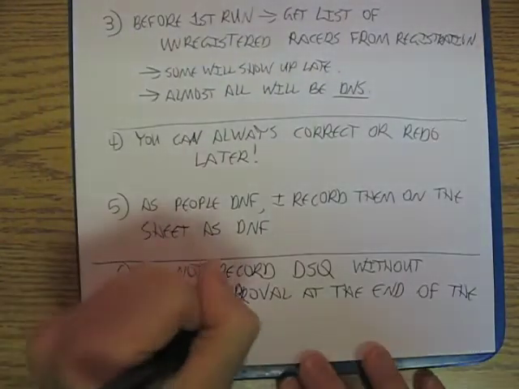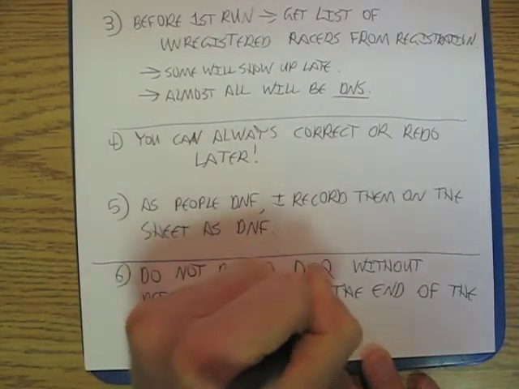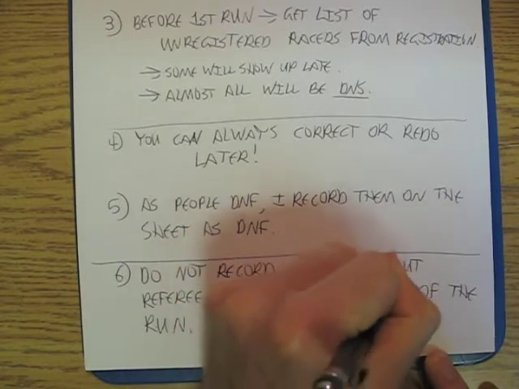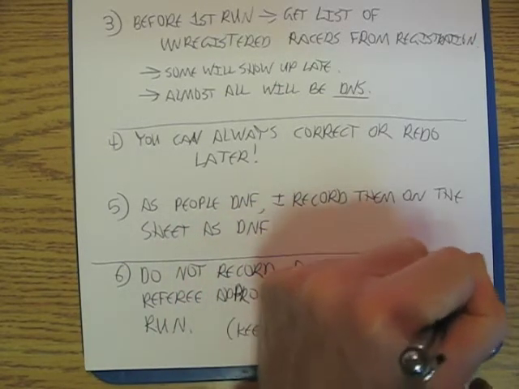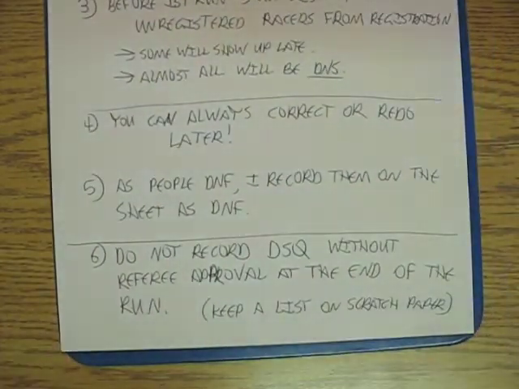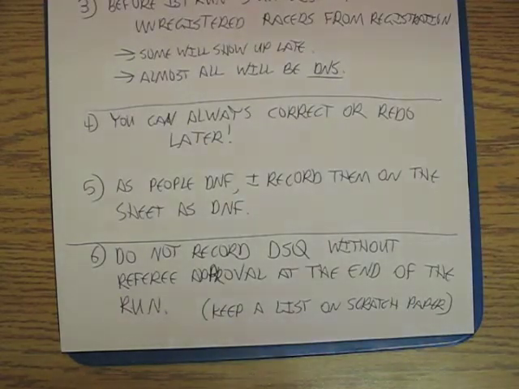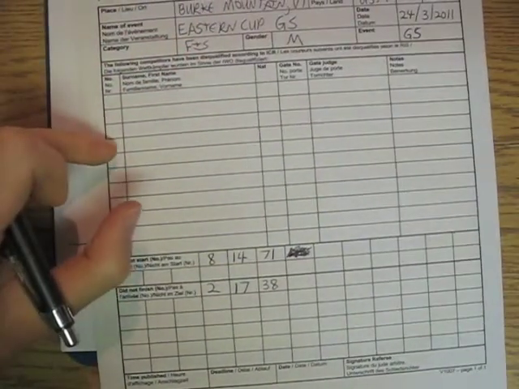You know, you can keep a list on scratch paper of people that you think disqualified, but you do not put disqualifications on this sheet until the end of the race.